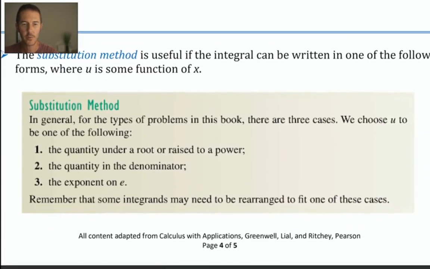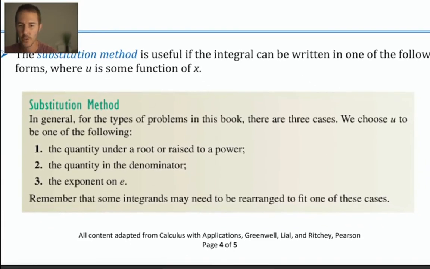So this is just a quick summary of the three different situations where you would use substitution. The first is where you have a quantity under a root, or a quantity that's being raised to a power, where if you could take the derivative of that and end up with a constant multiple of the other factors involved in the integral, then you would want to use substitution.